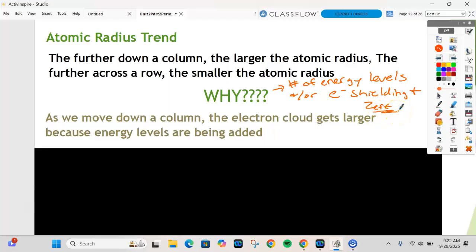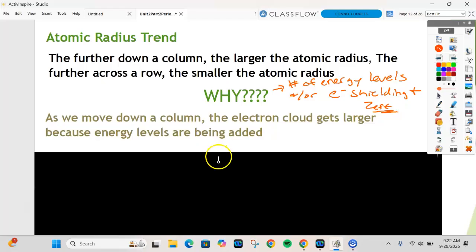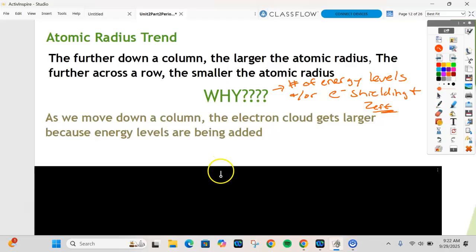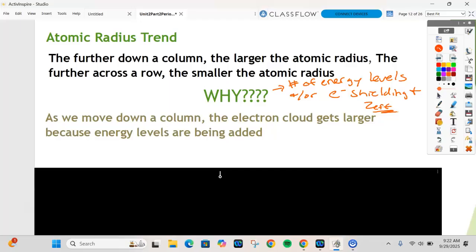Okay, so when you're explaining why, that's what you're looking at. Now, let's talk about this. If we think about moving down a column on the periodic table, the cloud gets larger because energy levels are being added. And those elements in the same column have the same effective nuclear charge.